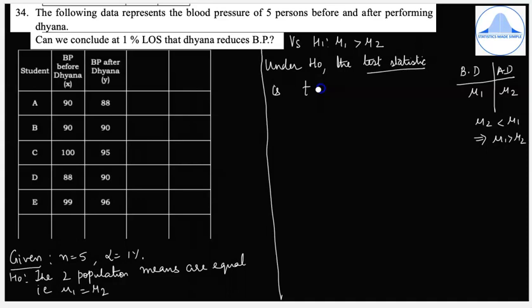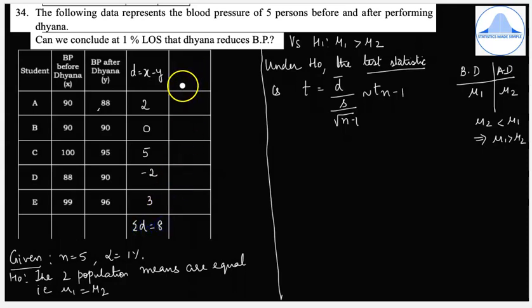So T is equal to D bar divided by S by root n minus 1, which follows Tn minus 1. So in the table, let us find out D, which is nothing but x minus y. So 90 minus 88 is 2, then 0, 5, minus 2 and 3. Then find out summation D, which is equal to 8.